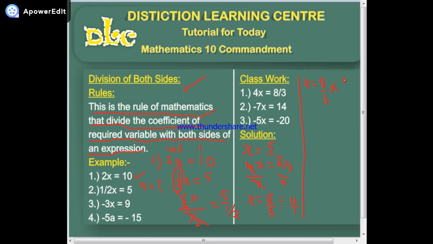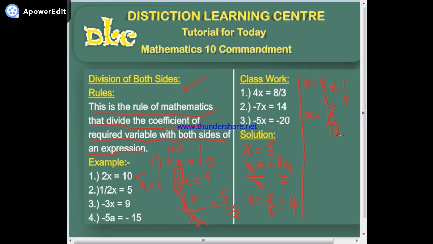So that will be what? 1 over 4. That means the 1 will go up and the 4 will come down. So if you look at this now, you will say x equal to what? 8 times 1, that is what? 8. And 3 times 4, that is 12.